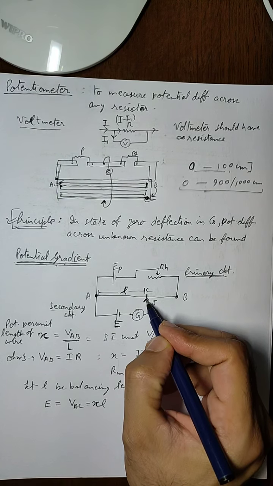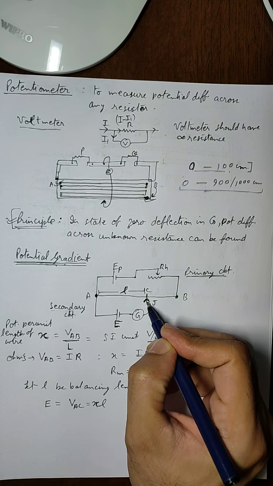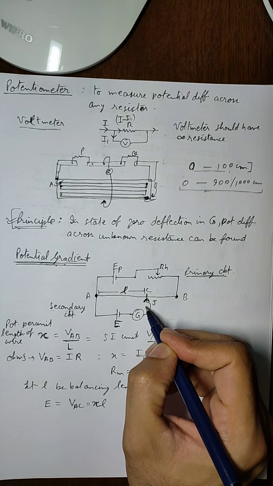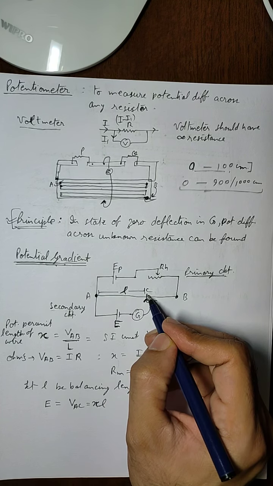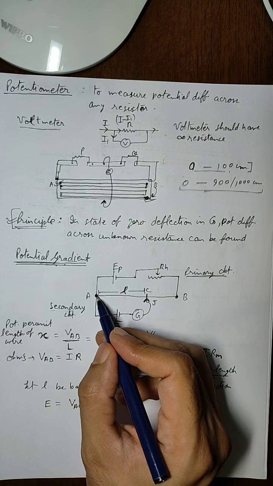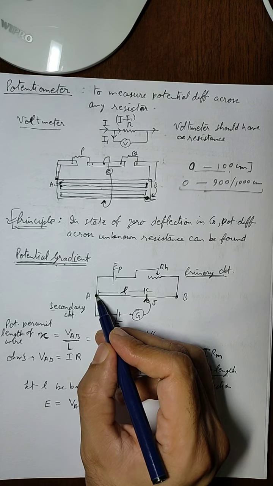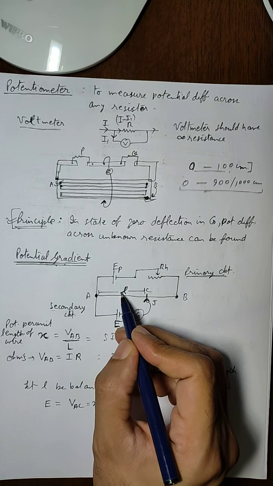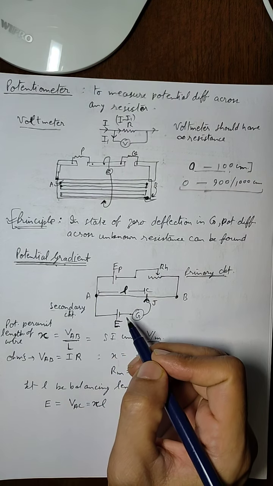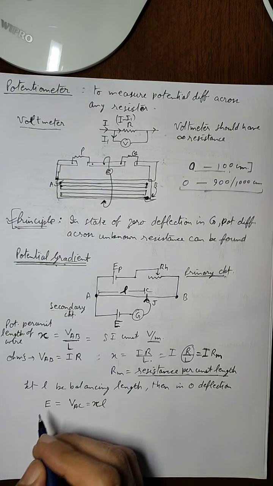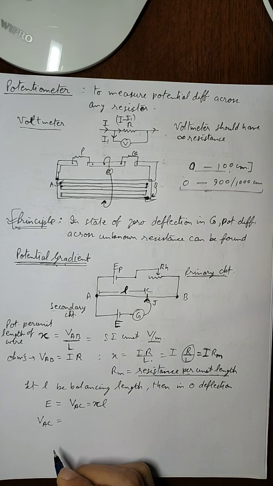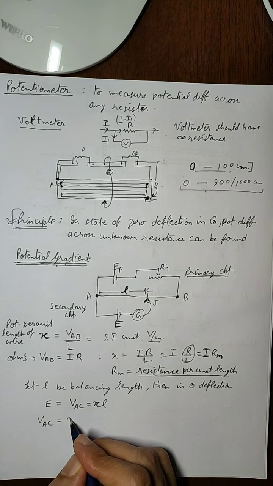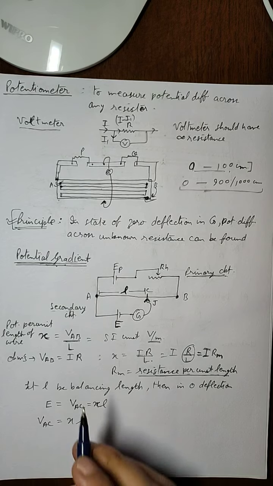Now let us say that we connect this key on this point C on the potentiometer and we get zero deflection. So C will be the balancing point, and let us say that the balancing length is AC, which is given as small l. Now this means that VAC is X into l.